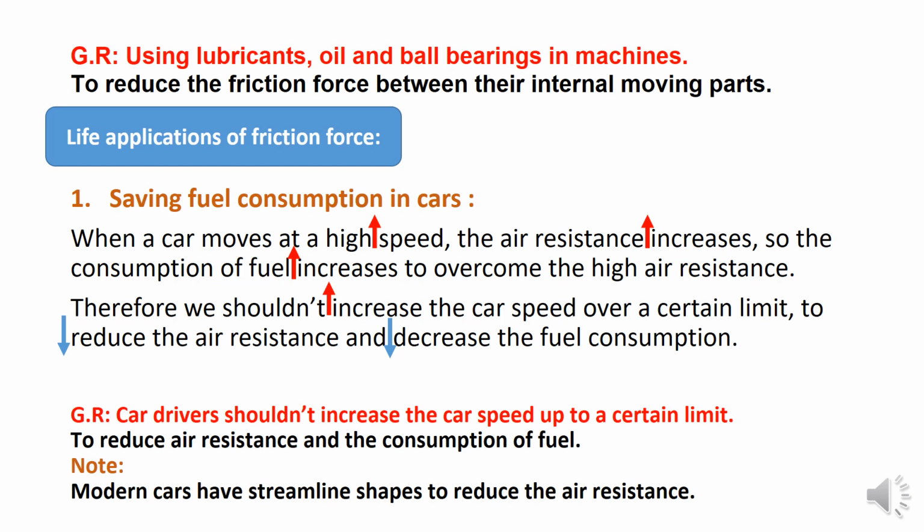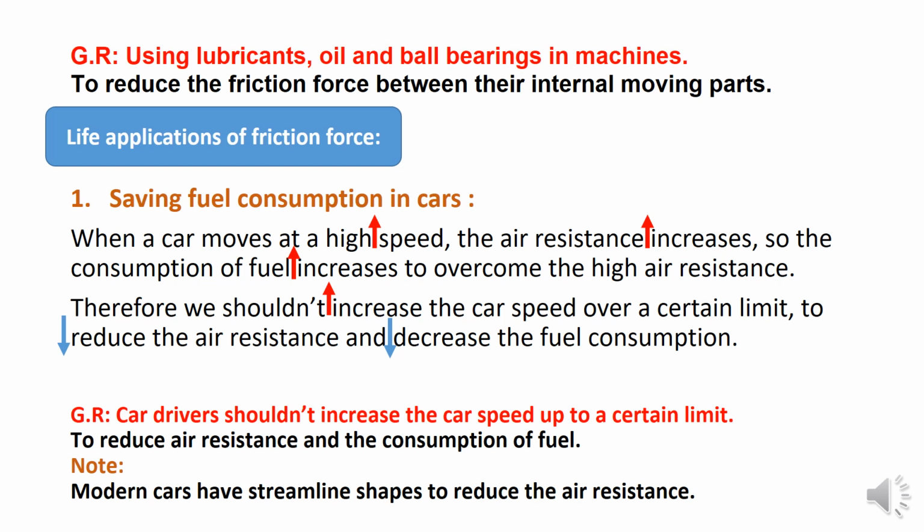Give reason. Car drivers shouldn't increase the car speed over a certain limit to reduce air resistance and the consumption of fuel. And of course, you observe on the road the signs for the speed limit for cars. Sometimes it's written 60 kilometers.